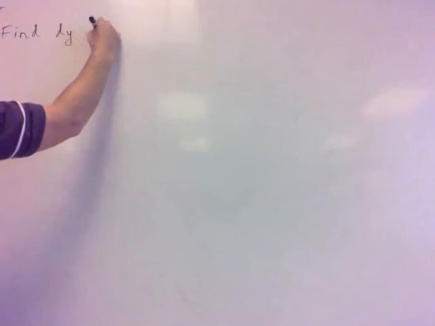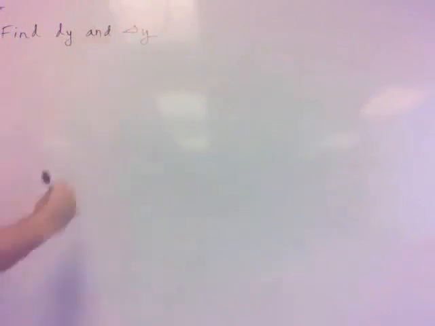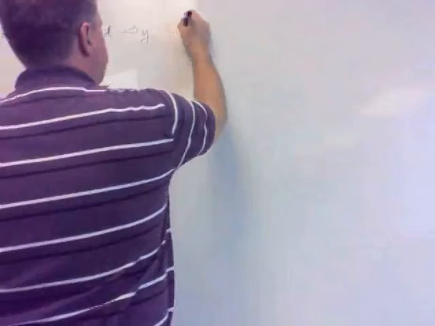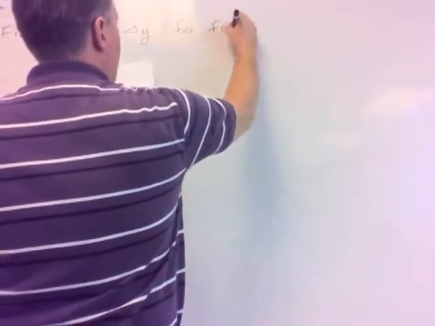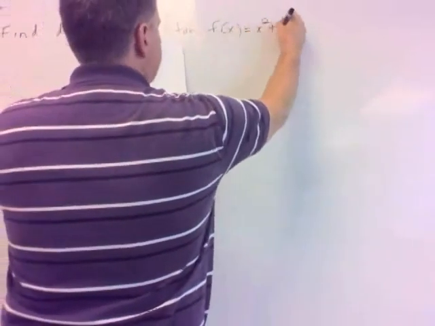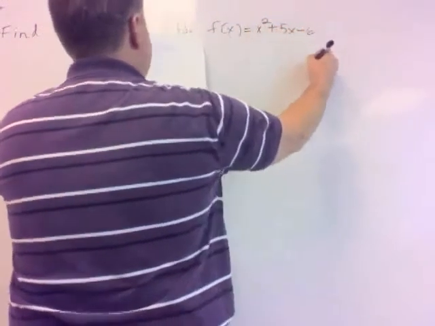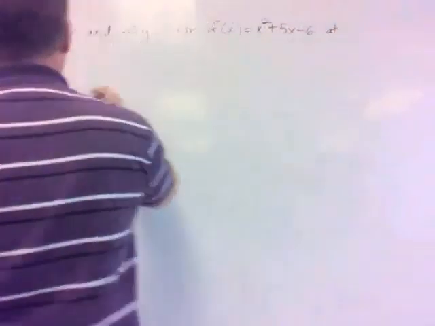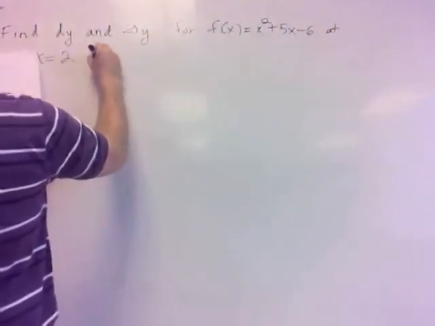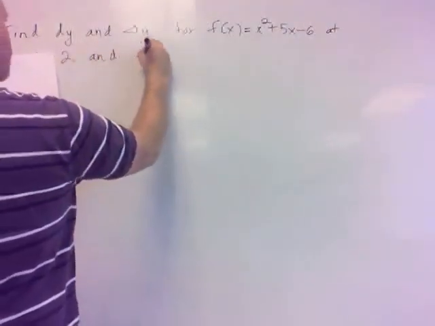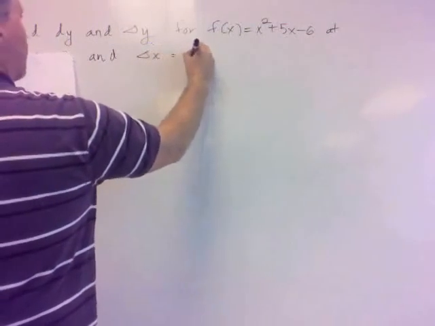All right, so find dy and delta y for f of x equals x squared plus 5x minus 6 at x equals 2 and delta x equals 0.1.